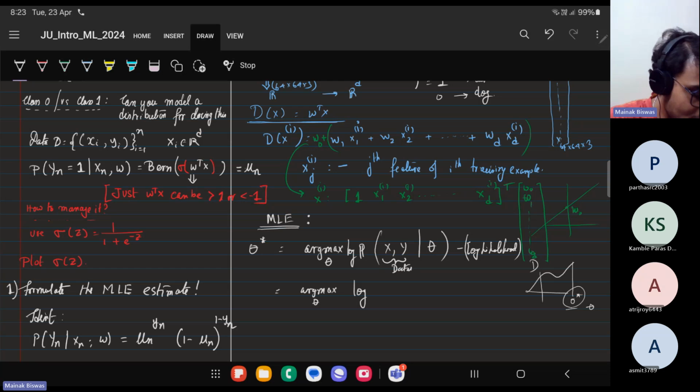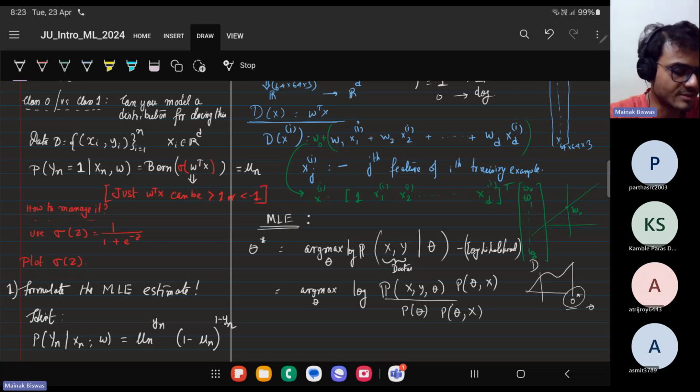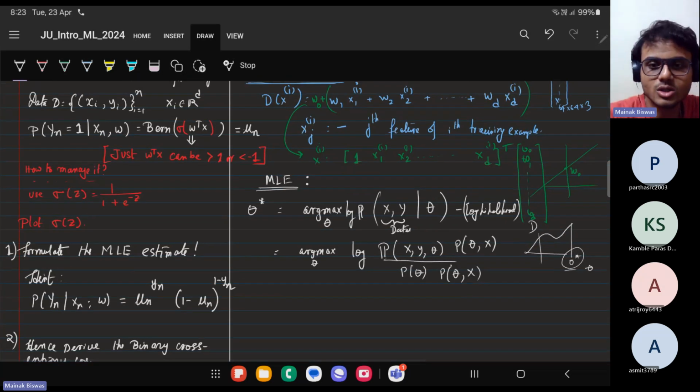Now, if this is a log likelihood, I will just reformulate slightly. I will divide by P of theta comma Y or X and multiply by P of theta comma X. Is this step clear? No doubts?